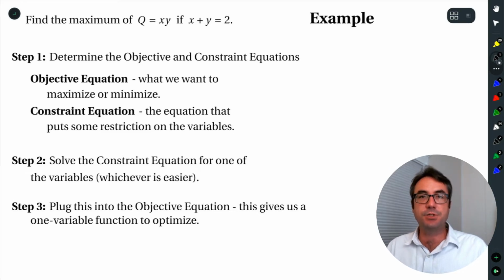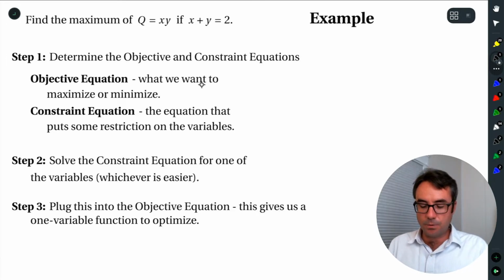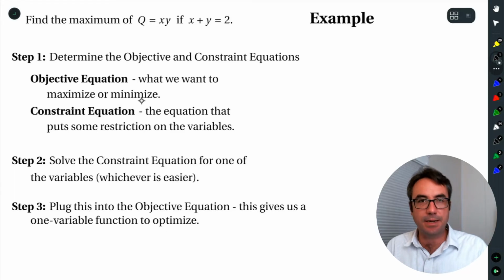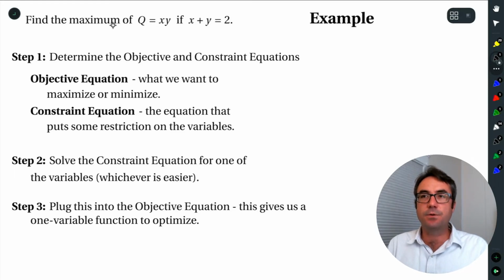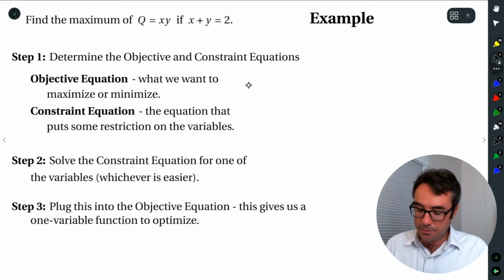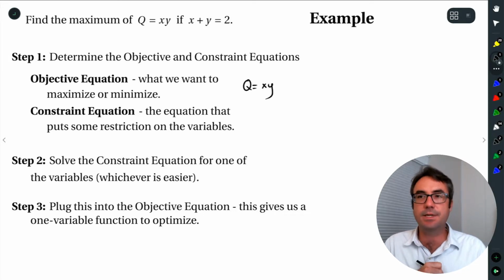The objective function, or objective equation, is essentially what we're trying to maximize or minimize. If we look at the wording here, we want to find the maximum of this function, Q. So that's our objective equation, Q equal to x times y.